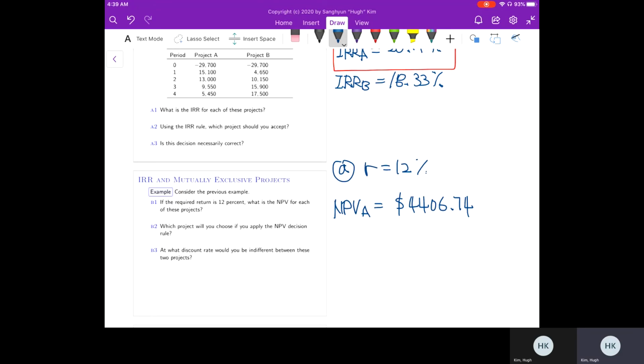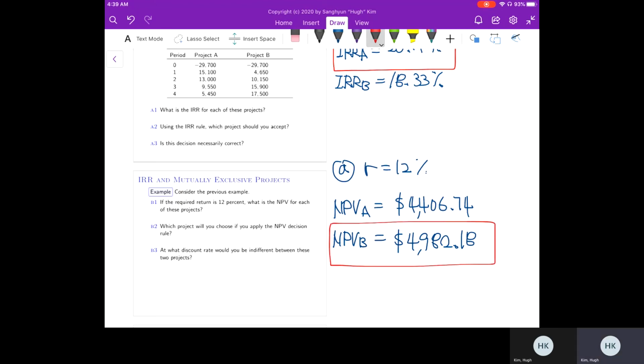And for project B, NPV is equal to $4,982.18. So project B has a higher NPV than project A, so we should accept project B instead of project A if we require a return of 12% for both projects.